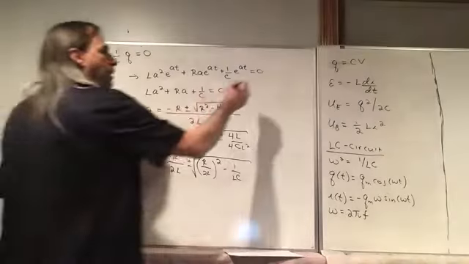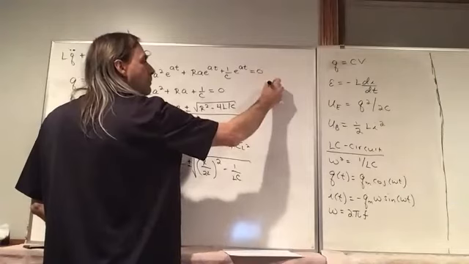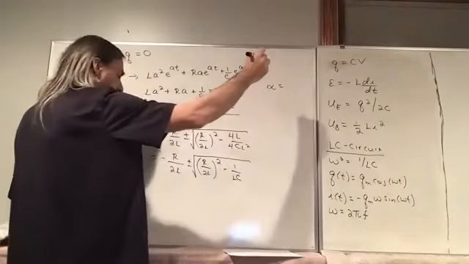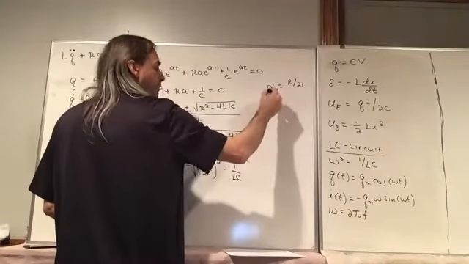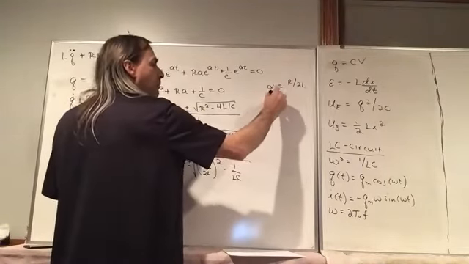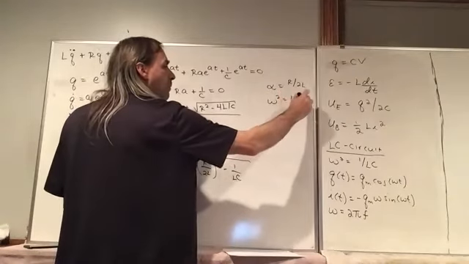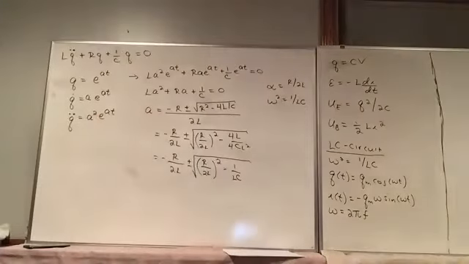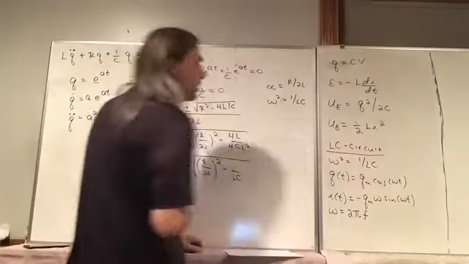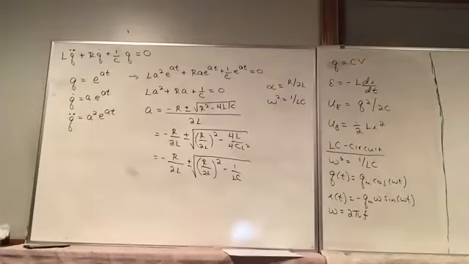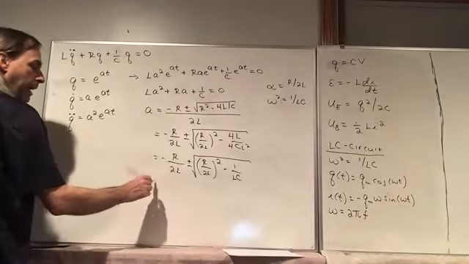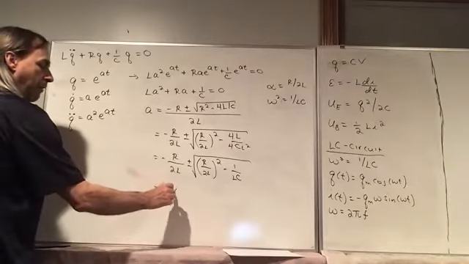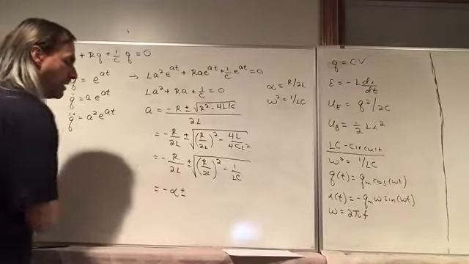So let's say alpha is equal to R over 2L. Actually, let's call this omega squared, because omega squared is 1 over LC. So why do we do that? So we can kind of clean this up a little bit. Then we have A would be minus alpha plus or minus.